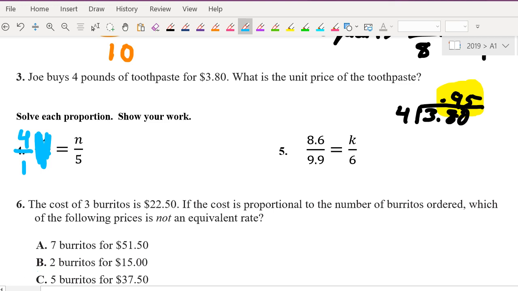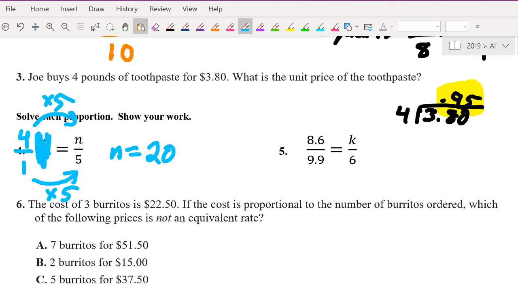How do we do it? Then we would multiply 4 and 5. No. Method number 1 is how much bigger is it getting, times what? Times 5. Times 5 bigger, just like when we're writing equal fractions. So times 5 bigger, so n is equal to 20.